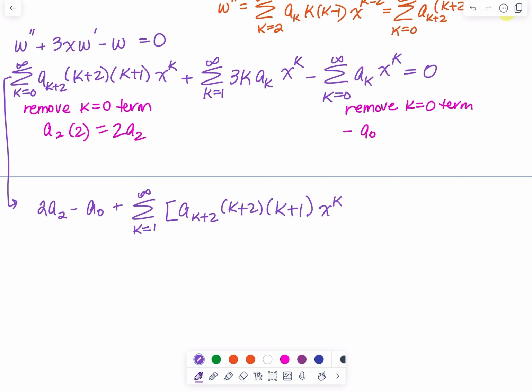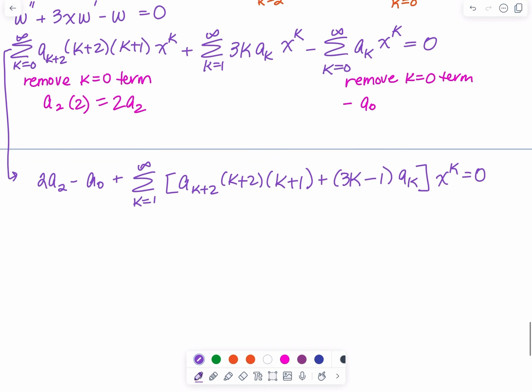And actually, since all of our terms have a sum that now begins at 1, we could go ahead and factor that x to the k out. So now we have plus 3k minus 1, multiplied by a sub k. There we go, our minus 1. And then there's our 3k, all multiplied by a sub k. And then this is multiplied by x to the k, and this is equal to 0.